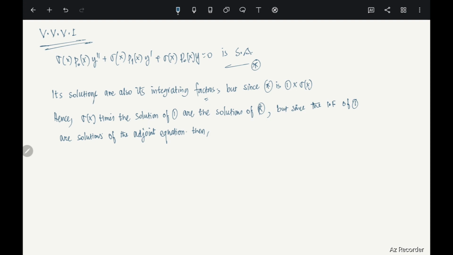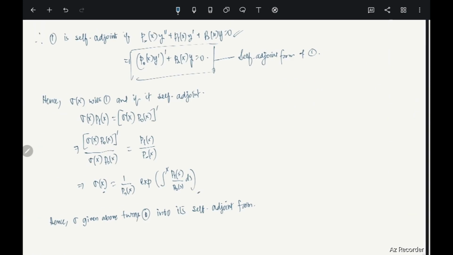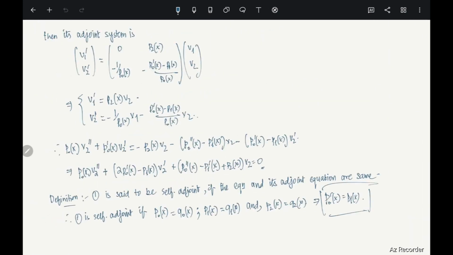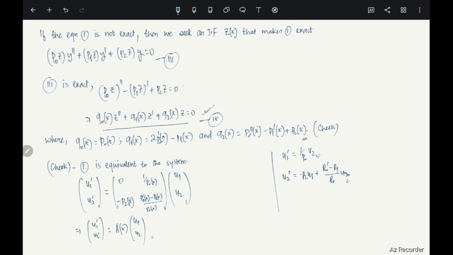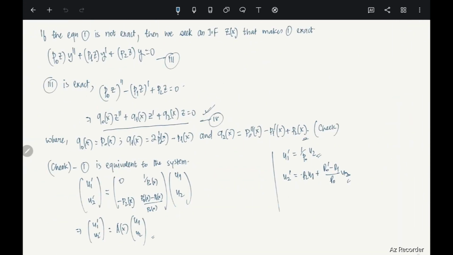One second. Where is that equation gone? There are so many equations, it gets confusing. Okay, 4. This equation is nothing but the equation multiplied by the integrating factor, right? And the solution is given by z.